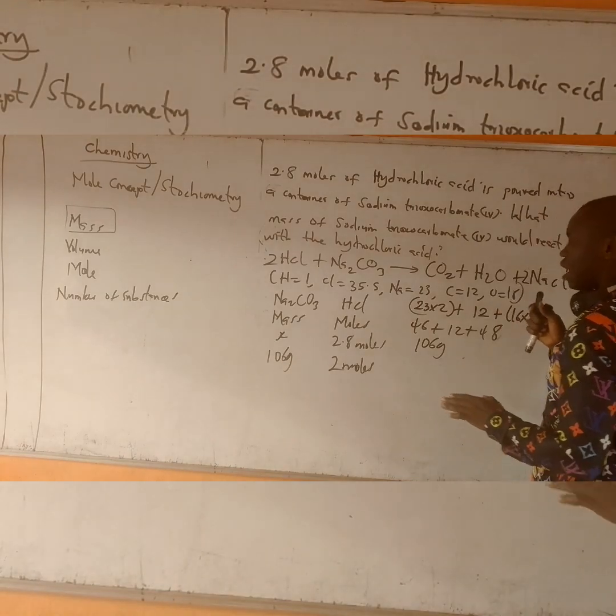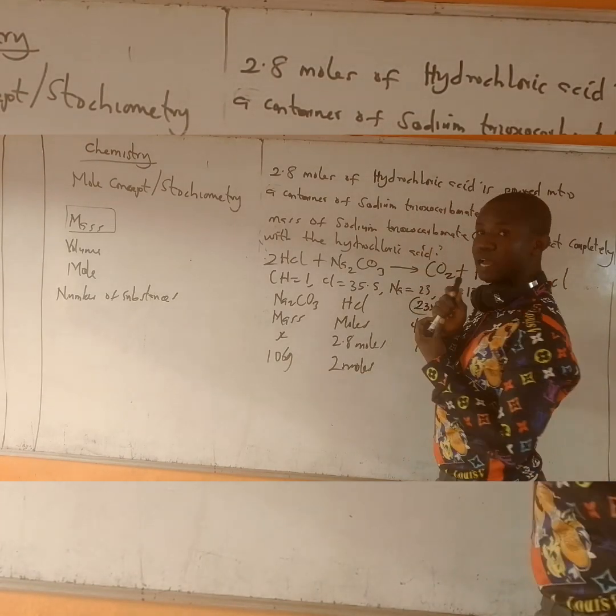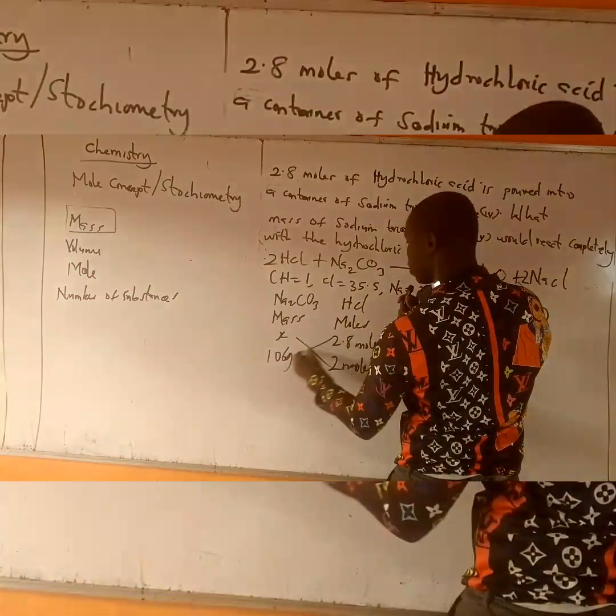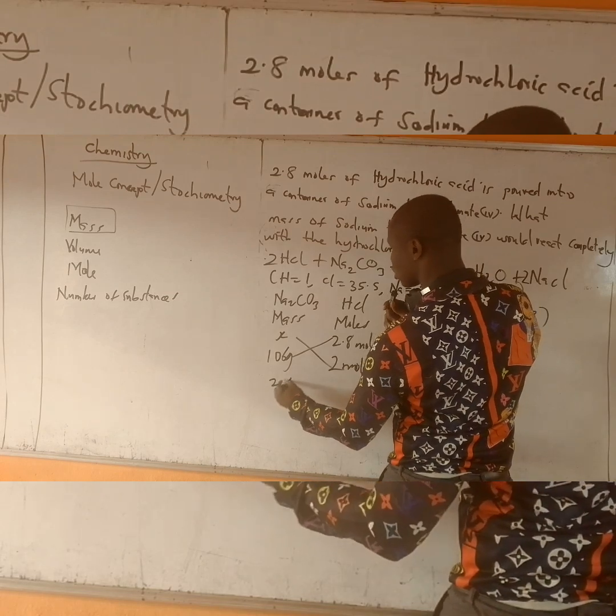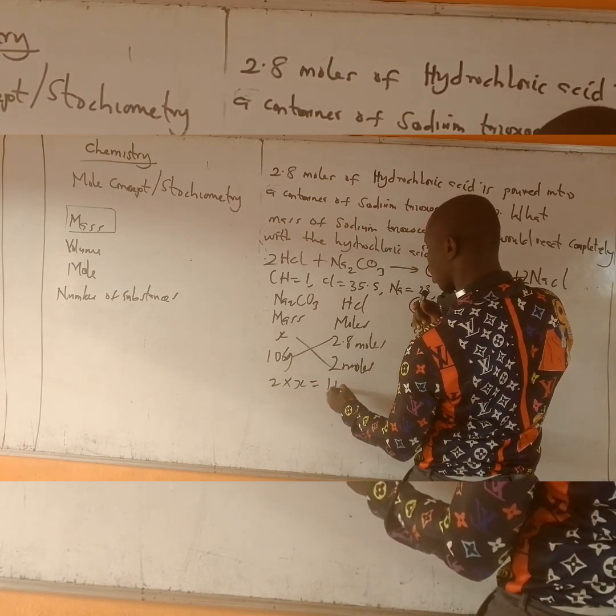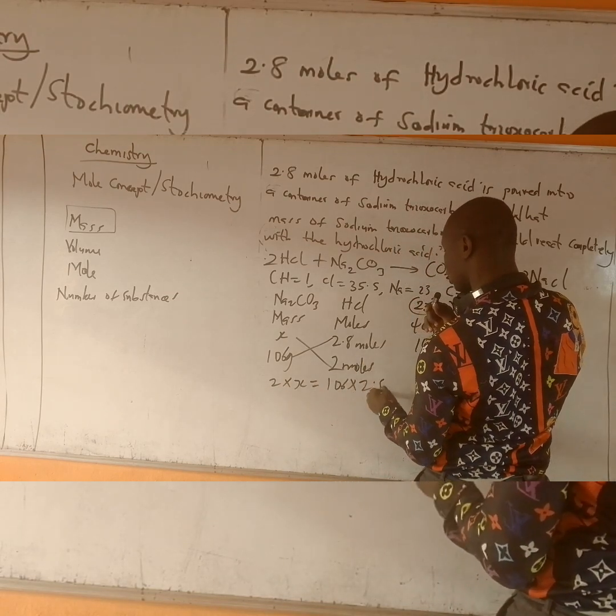As simple as that. So when you cross multiply from here, you have 2 times x equal to 106 times 2.8, right?